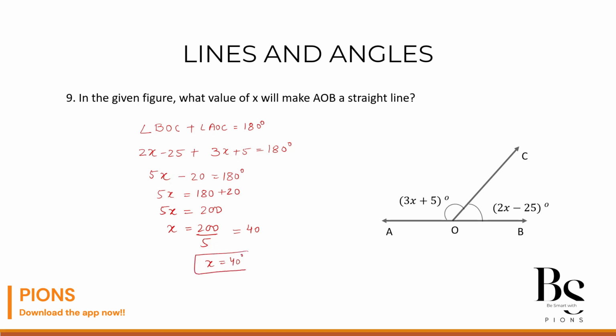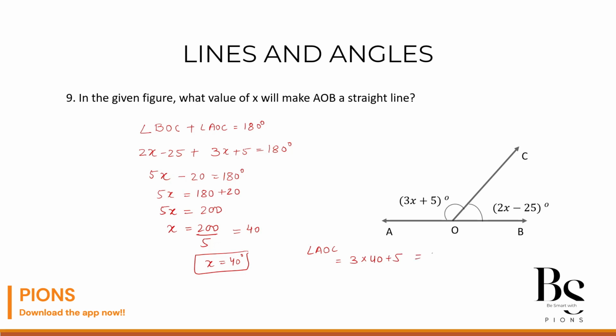But sometimes they ask you to find the angle AOC and BOC also. So here let's find, though it is not asked, but I am still solving. Let's find the angle AOC and BOC. So angle AOC will be equal to 3x plus 5, which is 3 into 40 plus 5.